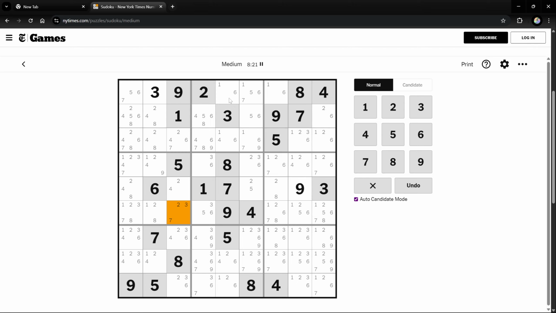So what do you do when we're looking at 2 candidates? For example, we found a 1 6 here. Now what do we do? We want to look in the same line, either the horizontal line or the vertical line, or in the same box.